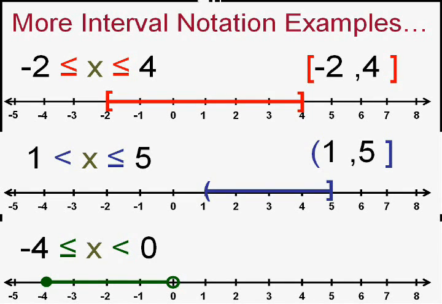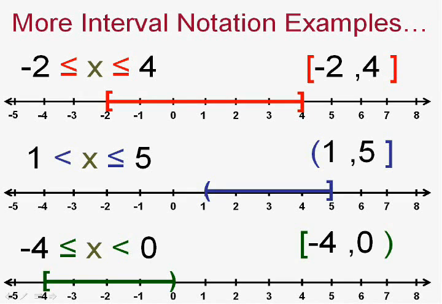Now let's do it the easy way with interval notation, with the lowest or leftmost point and the highest or rightmost point. We get this answer. Once again, note that the squared-off bracket is next to the -4 because it's an or equal to, and I have a rounded parenthesis next to the 0 because it doesn't have an or equal to. I do not want to include the endpoint there. Hopefully you got the idea.